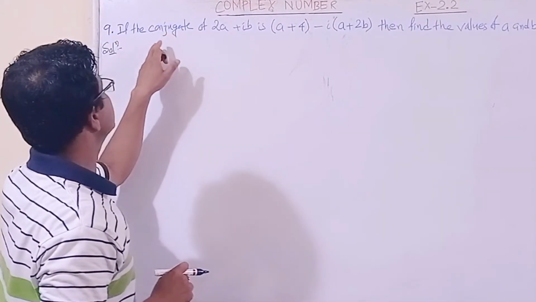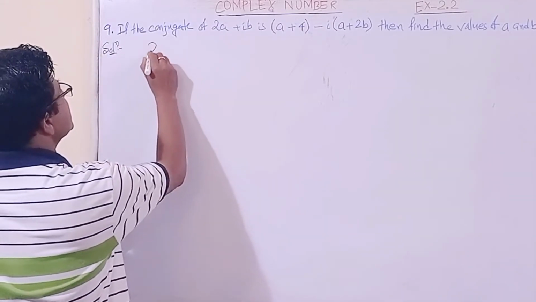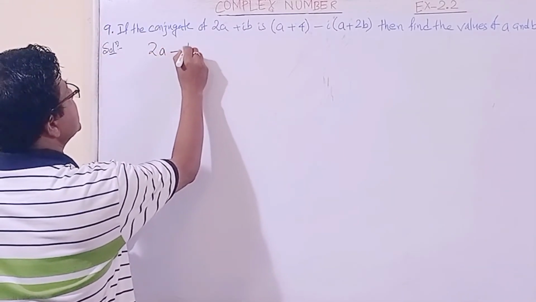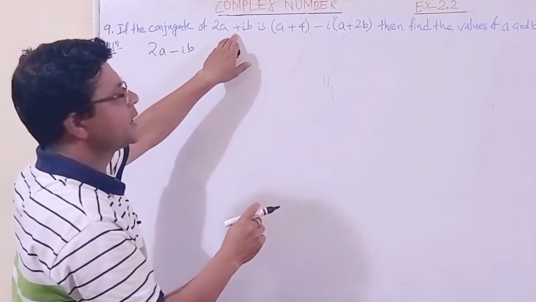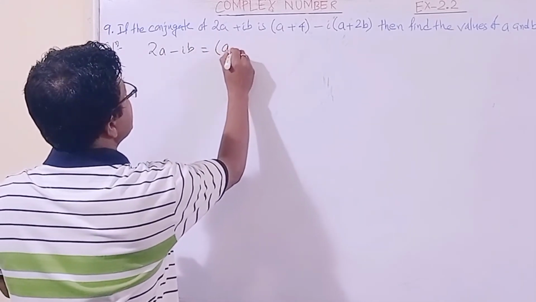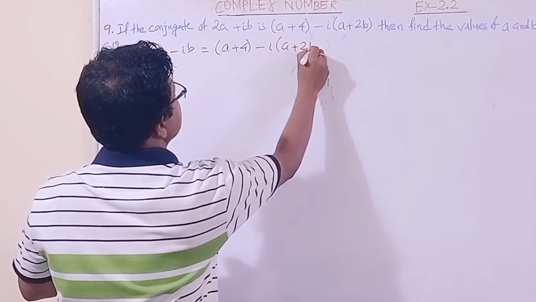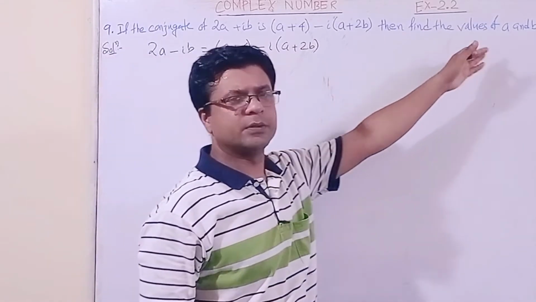Okay, now we have taken question number 9. The question is very simple, let us read it. If the conjugate of this, so what is the conjugate of this, is twice a minus ib, it is a plus 4 minus i of a plus twice b, then find the values of a and b.